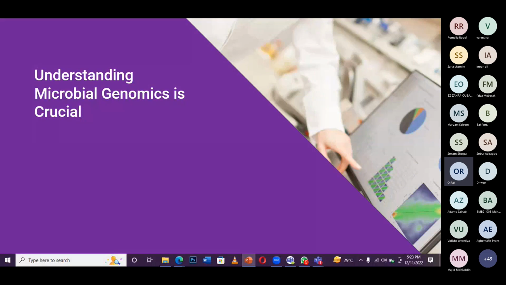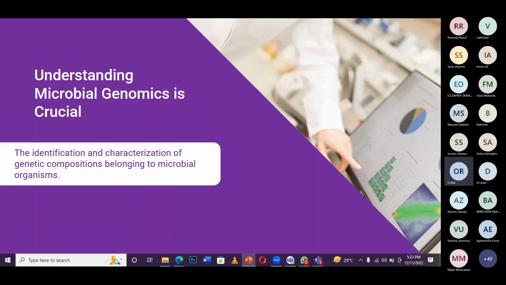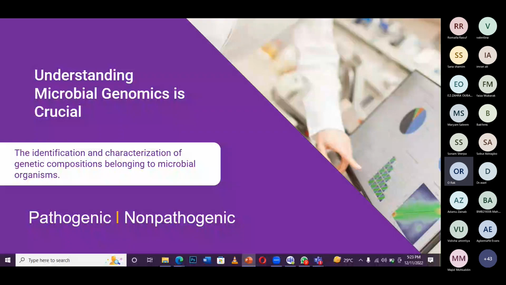The identification and characterization of genetic material belonging to microorganisms is what we term microbial genomics. If you're dealing with microbial genomics, there are two things in particular: it can either be pathogenic or non-pathogenic. When you hear about microorganisms, the first is pathogenic.